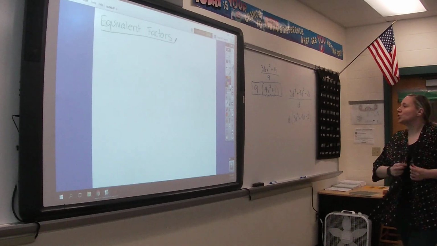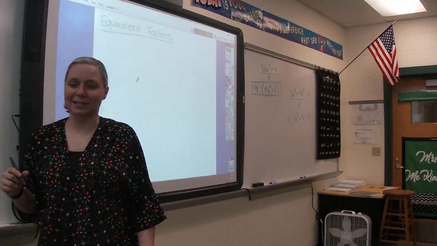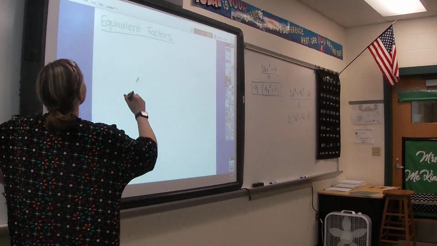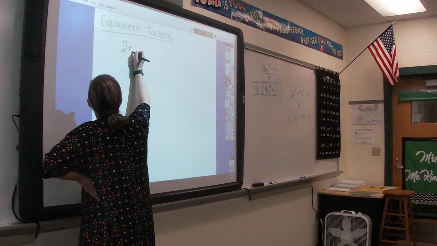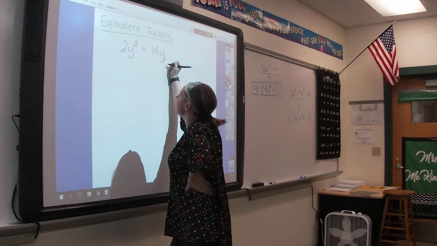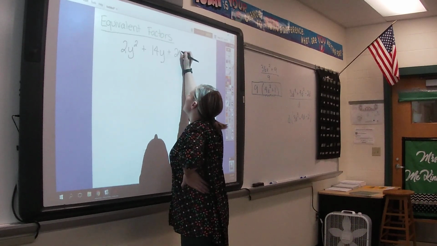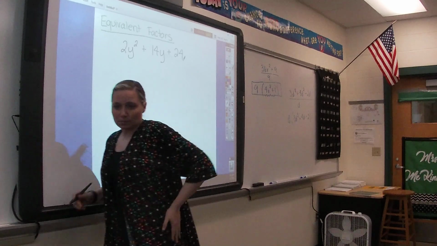So let's just start with something simple. And you're going to laugh at me when I say that this is simple, but this is a pretty simple one. Let's start with 2y squared plus 14y plus 24.